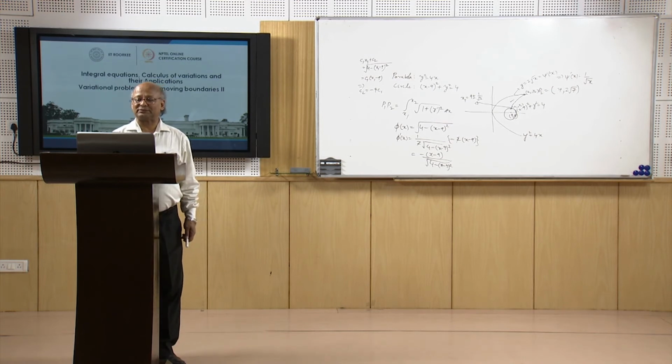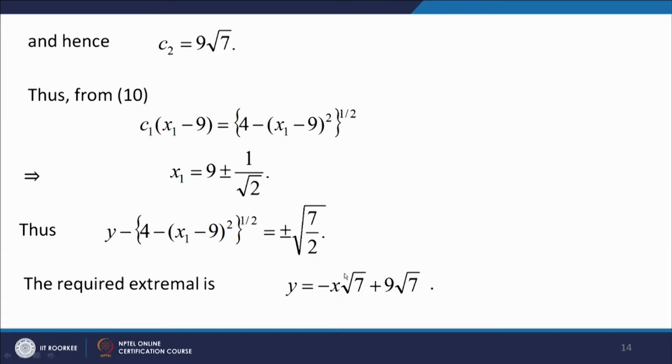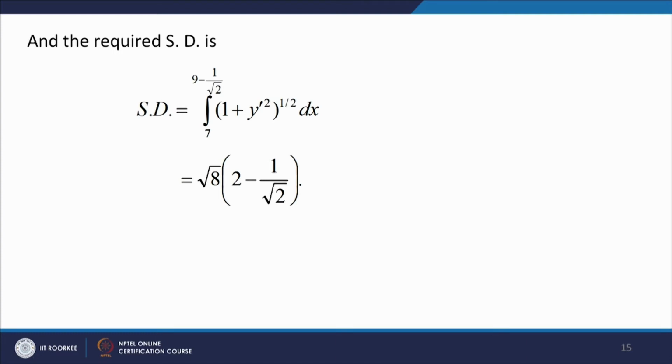So the required extremal is y equal to c1x + c2, that is minus x√7 + 9√7.